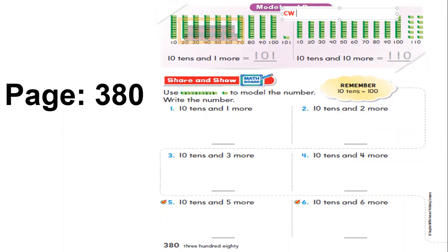Today's date is 6, 11, sorry, 12, 2020. That's the date. 6, 12, 2020.